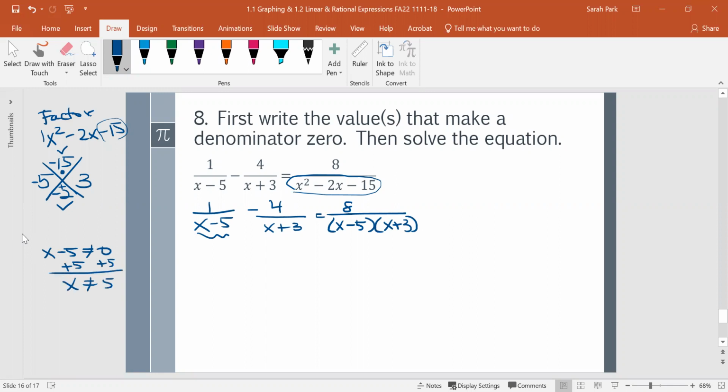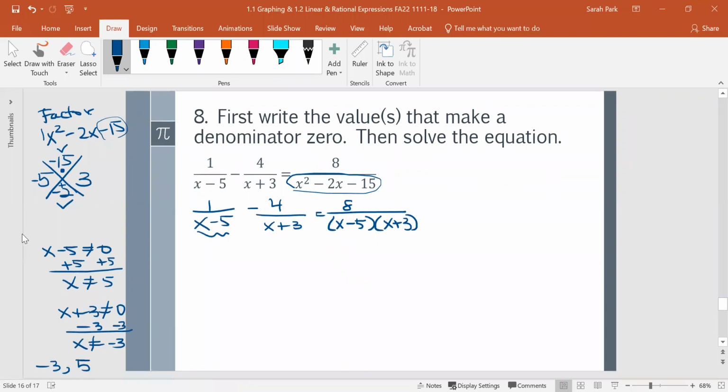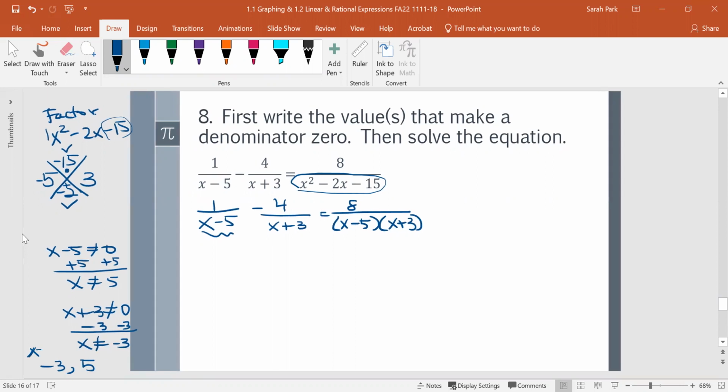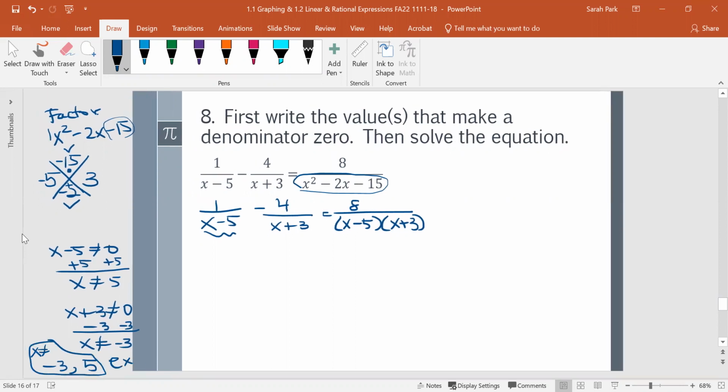We don't want 5. Same idea for x plus 3. We say we don't want that being 0. What will make that 0? It's -3. So there's two values that make the denominator 0. It's -3 and +5. So these are the numbers that we exclude from the denominator.